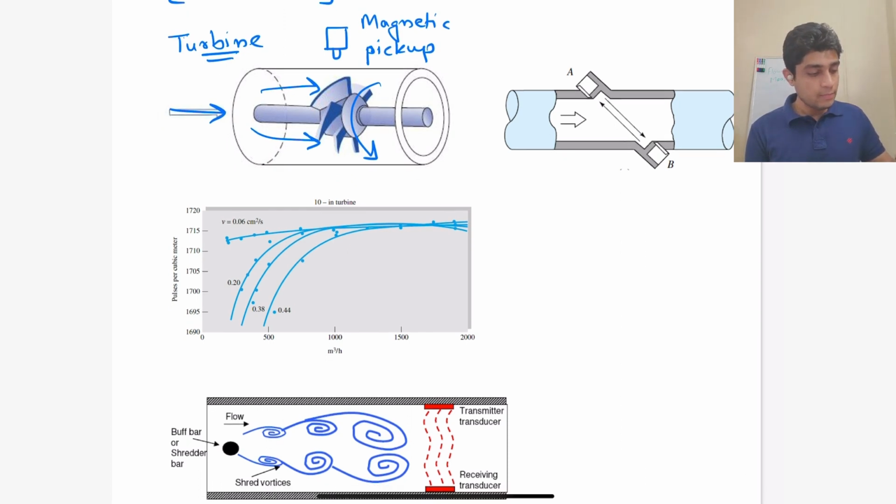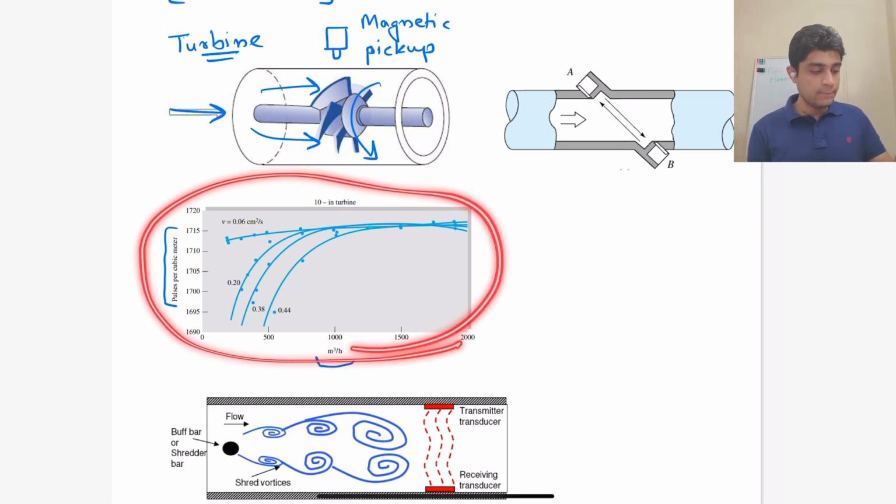Then we can relate the number of pulses per unit time to the flow rate through the turbine meter. This procedure is usually experimentally repeated for known flow rates for different fluids, so that we can come up with these calibration plots.